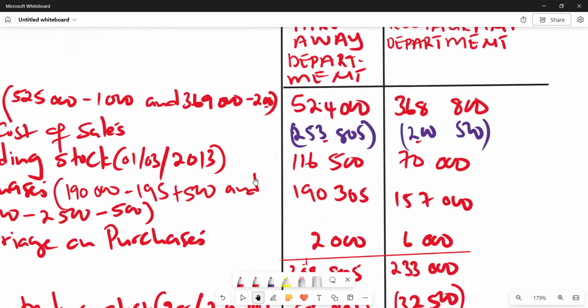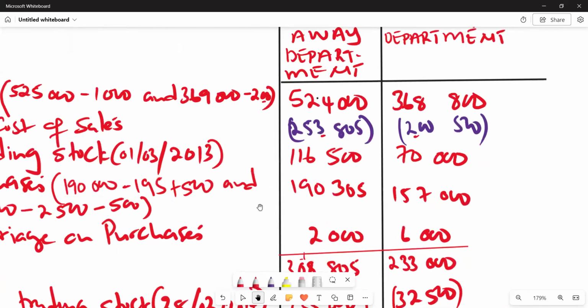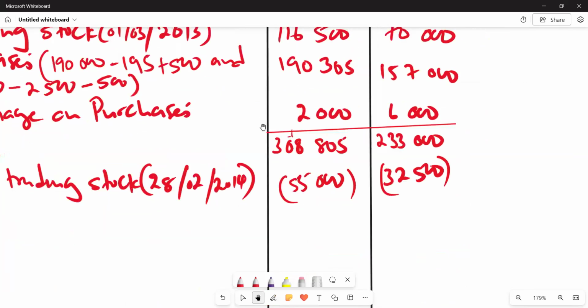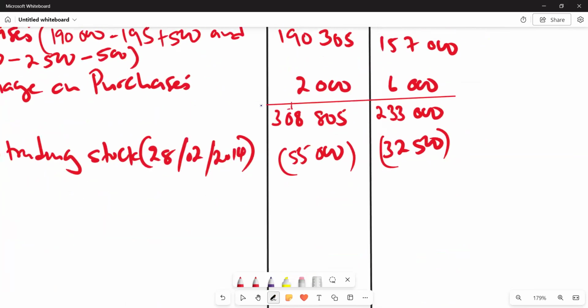So if you come here, we are saying the sales figure in the first column is 524,000. We subtract cost of sales 253,805. Then in the restaurant column, we've got 368,800. We subtract 200,500. So the answers are going to come beneath here to represent your gross profit.